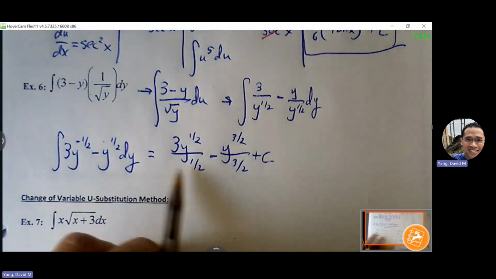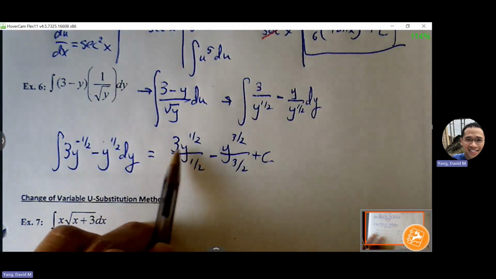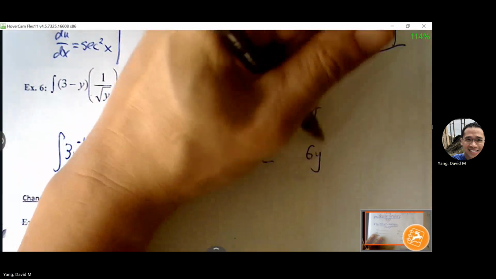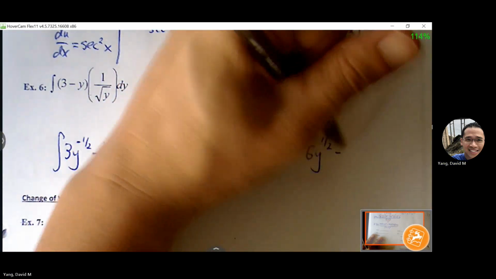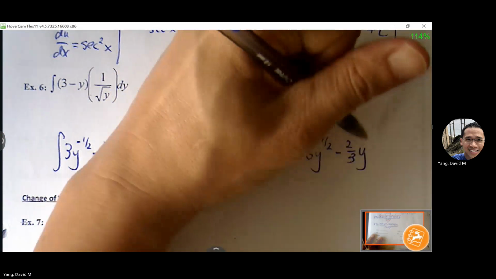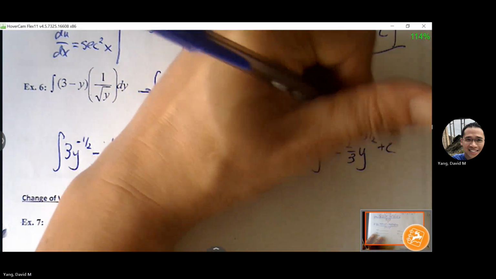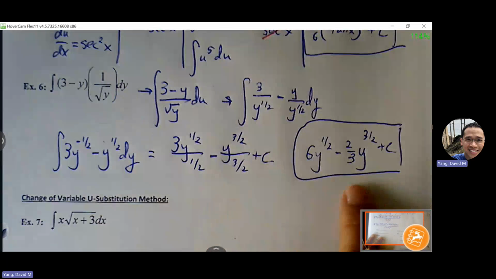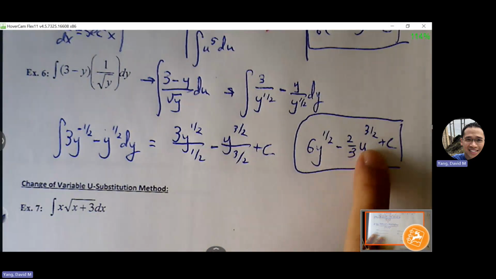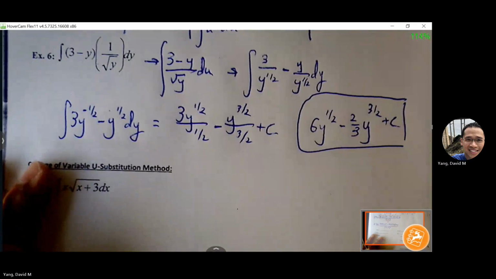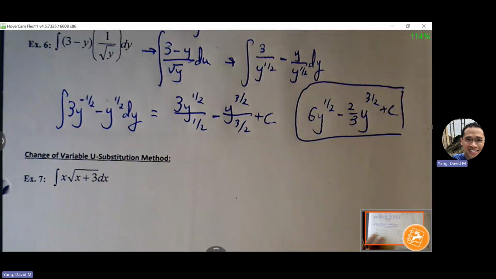Flip the 1/2 up, it'll become 2. 2 times 3 is 6. You can leave it as rational exponents or bring them back as radicals. Either way is fine. I'm just going to leave it as rational exponents.